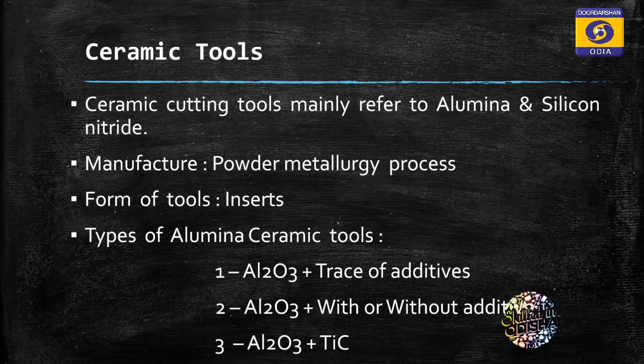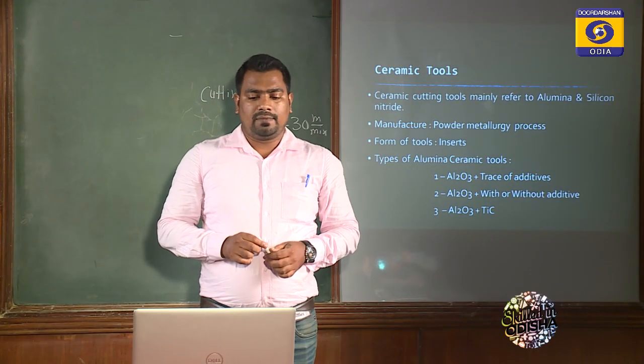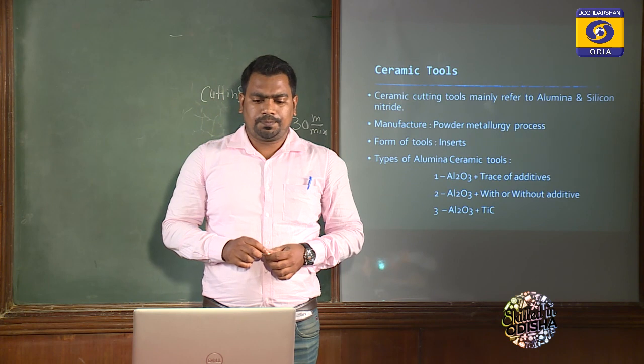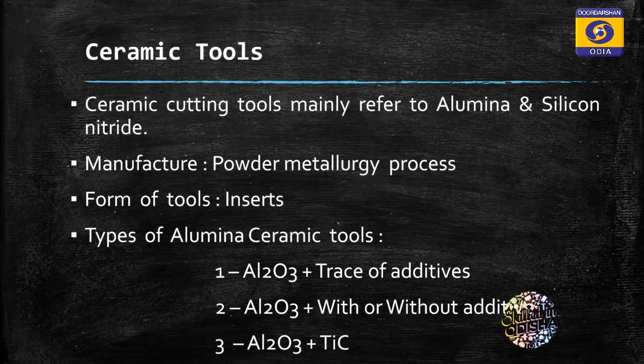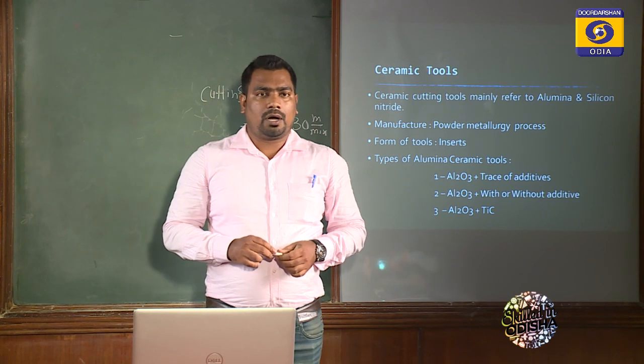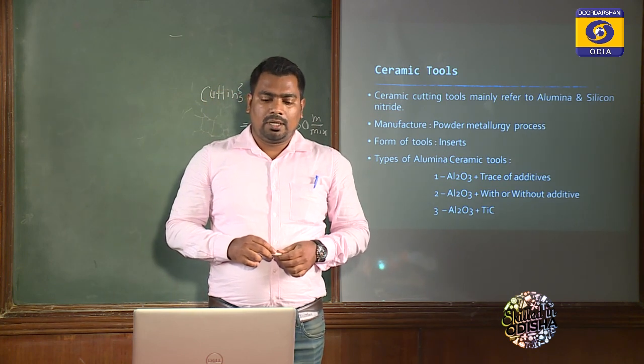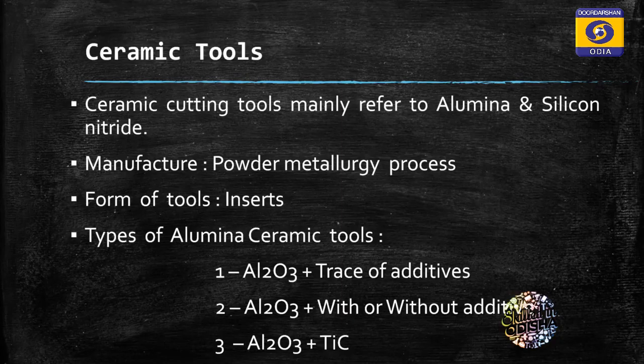After carbide cutting tools, we have invented ceramic tools. In ceramic tools, generally we have aluminum base and silicon nitride base. This is also manufactured by powder metallurgy processes. These are available in the form of inserts.